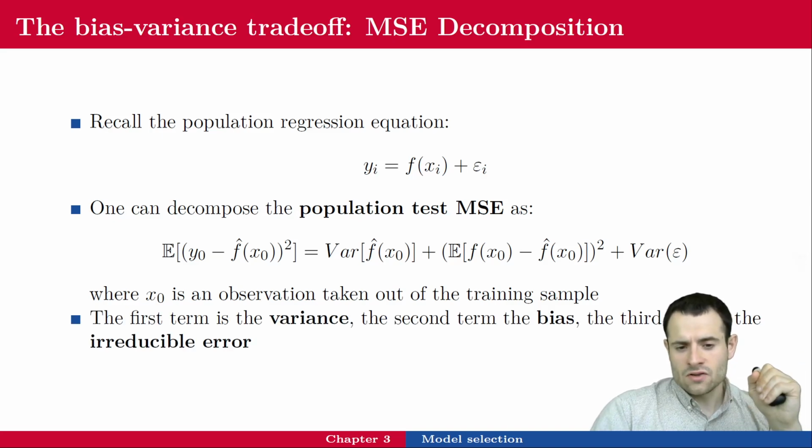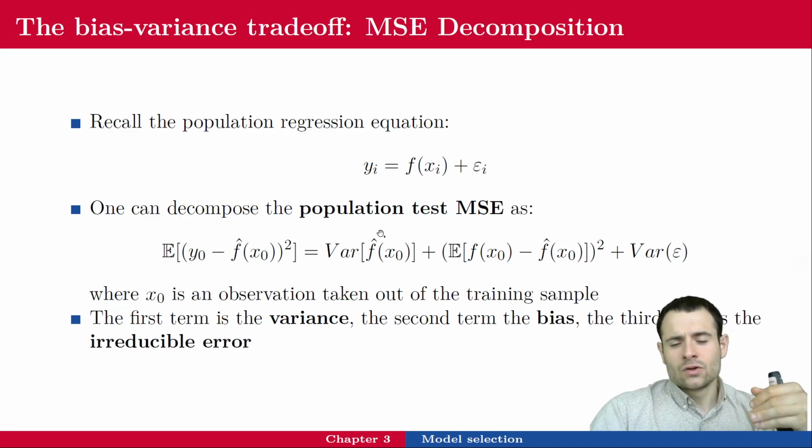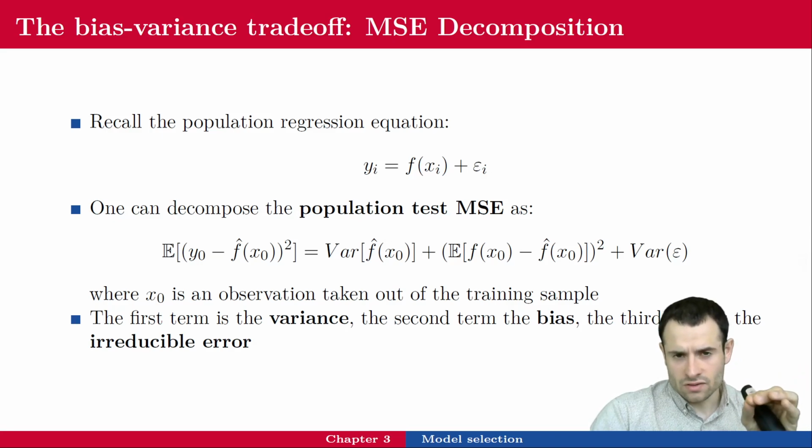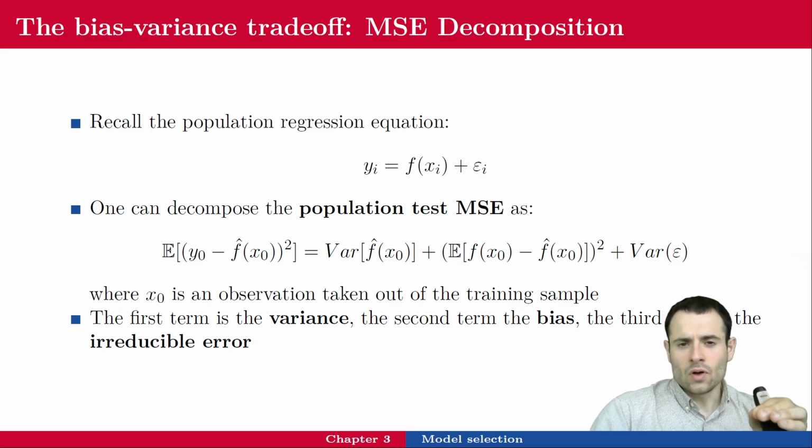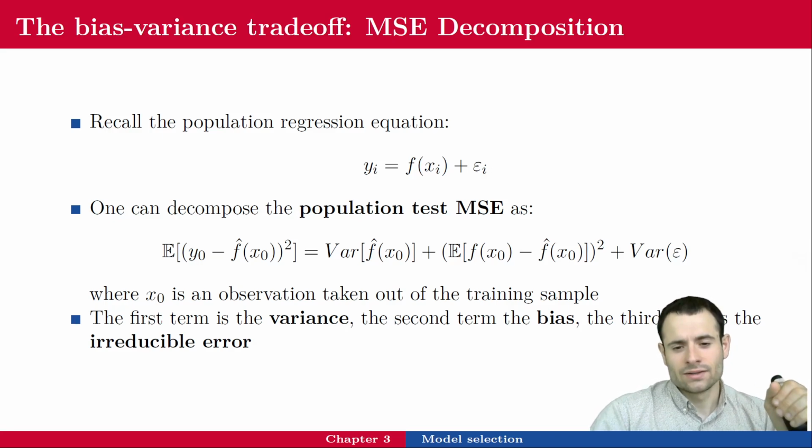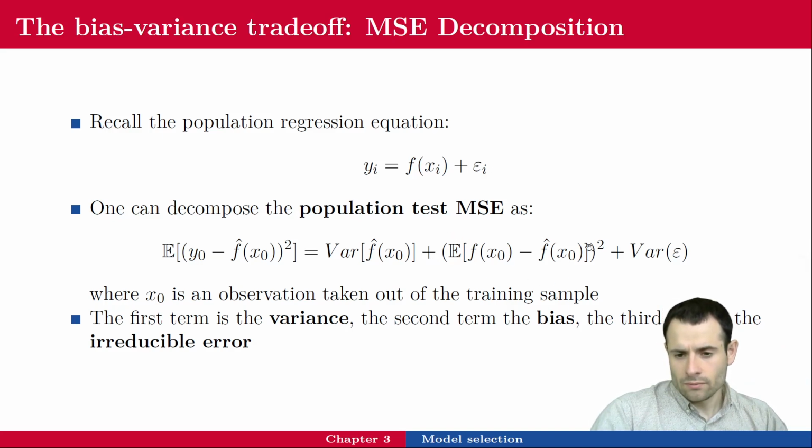So the first term is the variance of my statistical method. Note that here I do not talk about the variance of a coefficient beta hat. I'm talking about the variance of xi prime beta hat, if you like. The variance of my predictions. The second term is the bias squared.